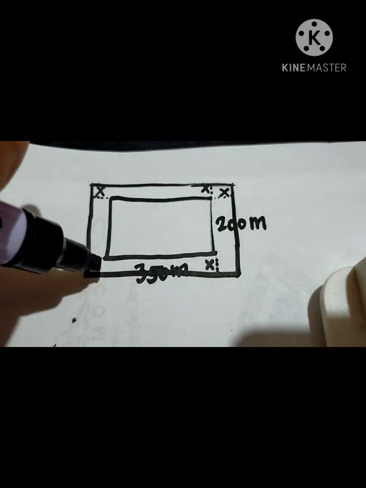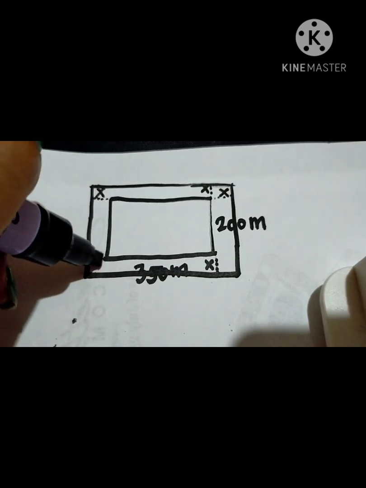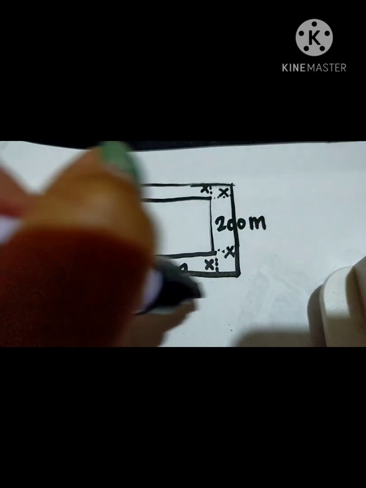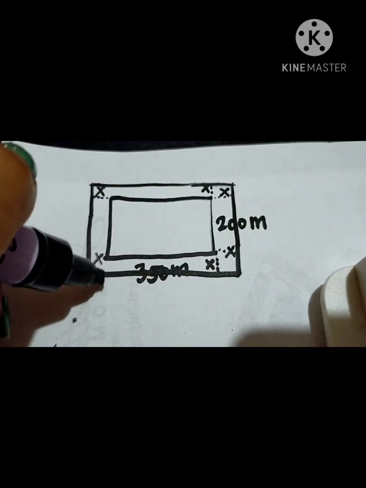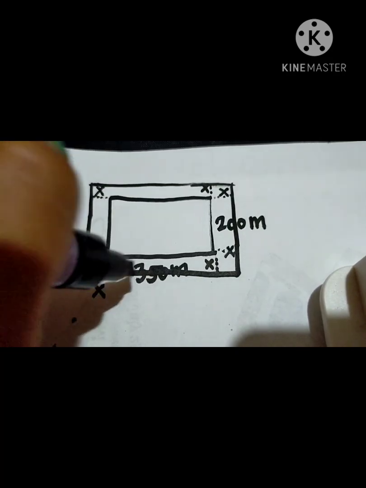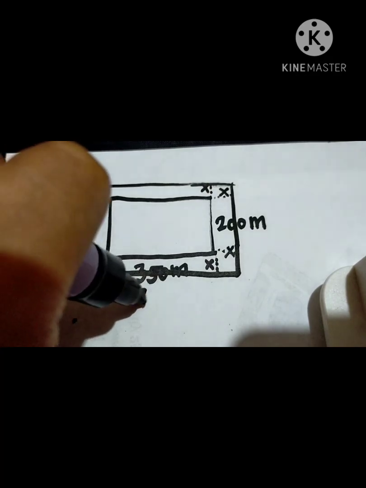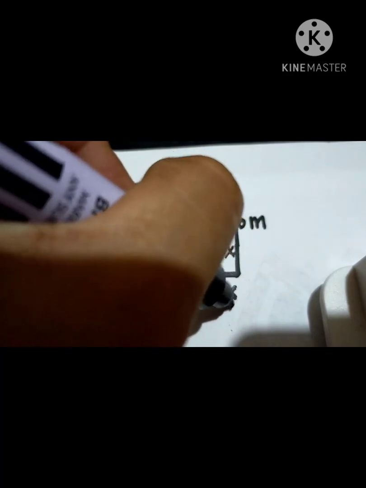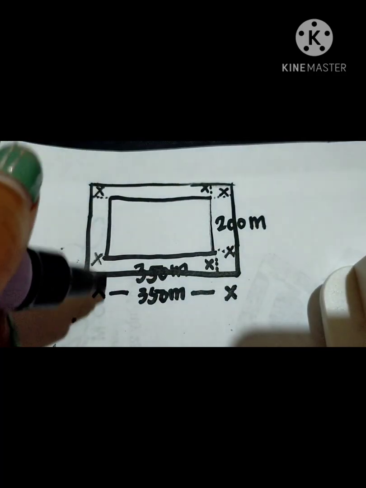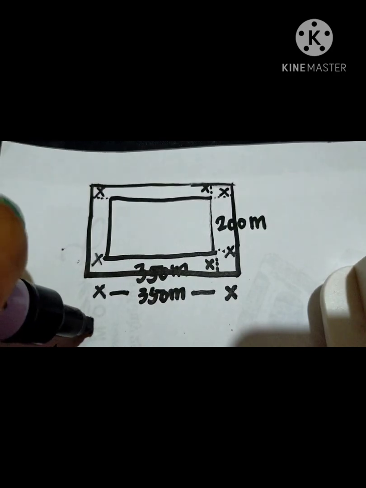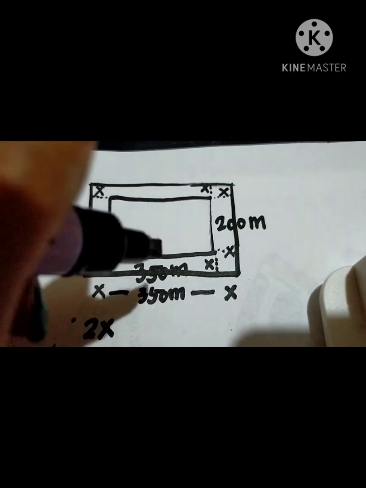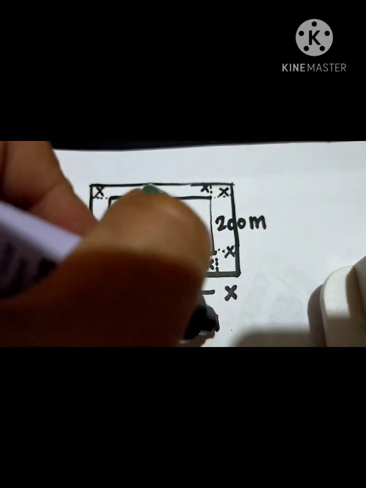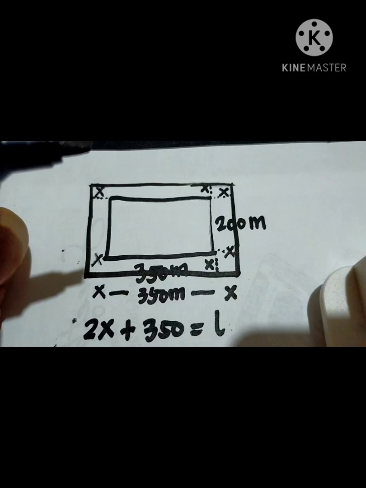Since this part is x and also this part is x, the length of the bigger rectangle would be x plus 350 meters plus x, which is 2x plus 350.